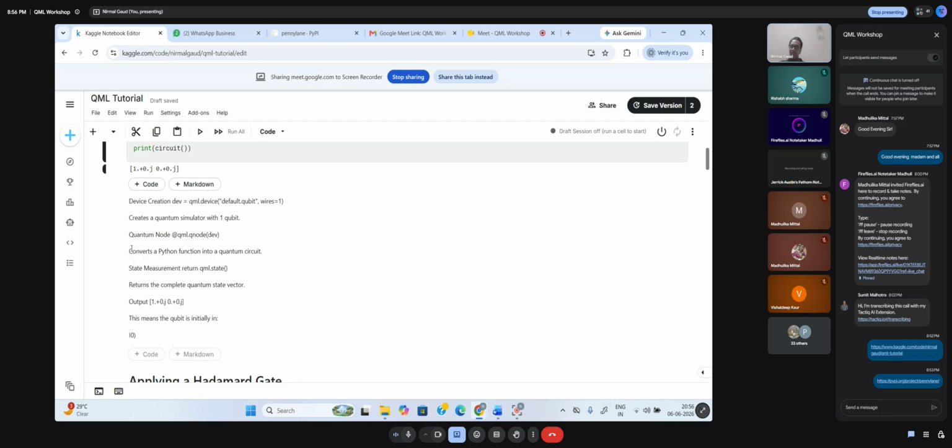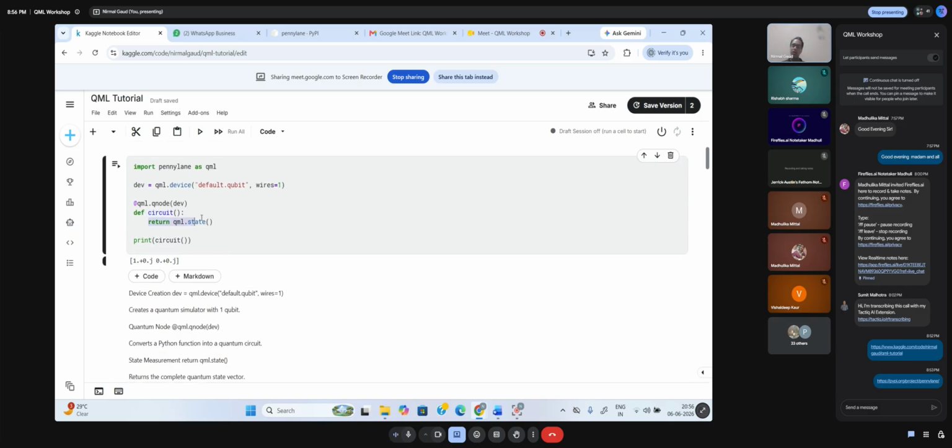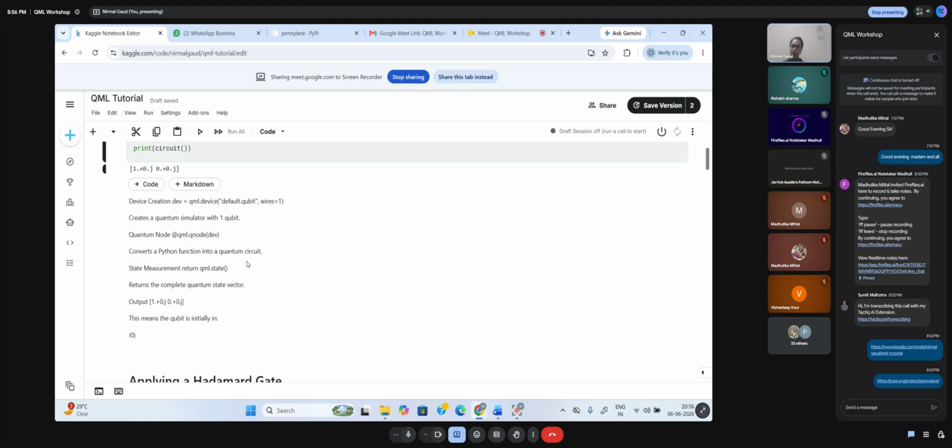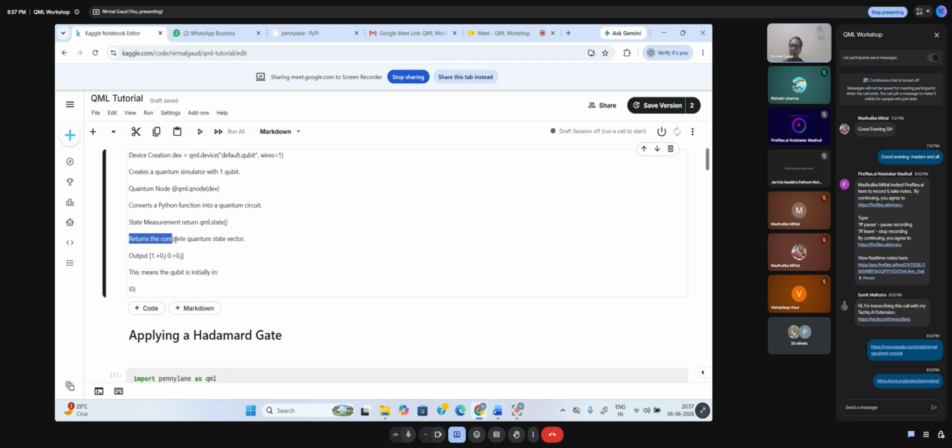It means converting a Python function into a quantum circuit, and later we need to measure the state in classical terms. So return qml.state is what we need to measure. State measurement returns the quantum state vector, like 1 plus 0j, 0 plus 0j. This means that the qubit is initially in the 0 state.